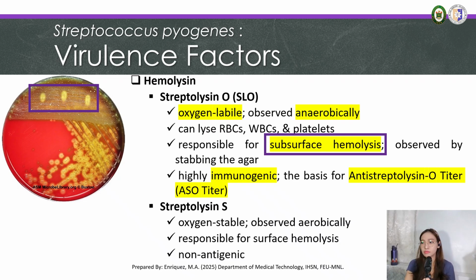Which is why we don't have an anti-streptolysin S titer, 'di ba? We don't have a test to detect the presence of streptolysin S kasi nga we won't be able to do that dahil hindi nga naman nagre-react ang immune system natin dito. All right? So that was for streptolysin O and streptolysin S.